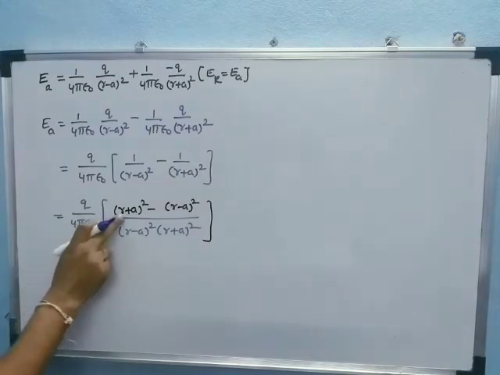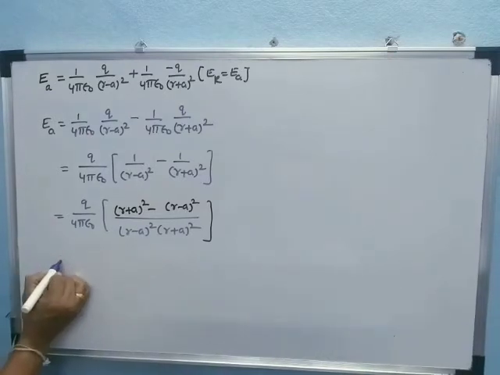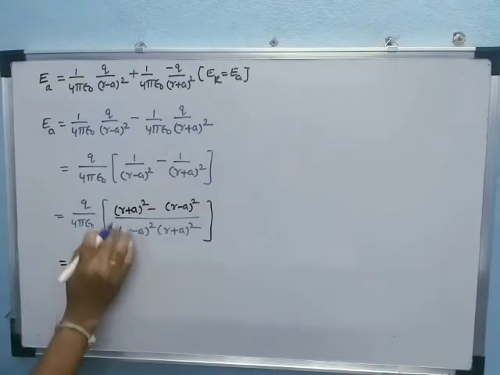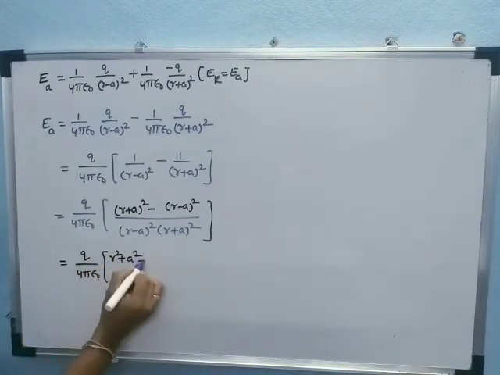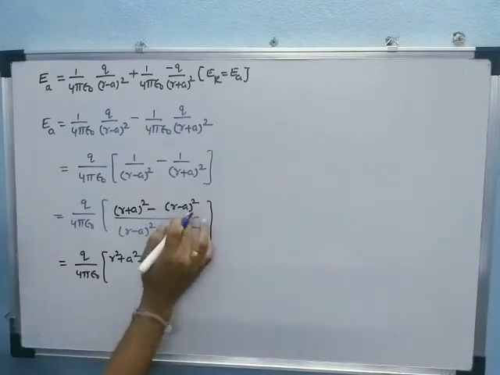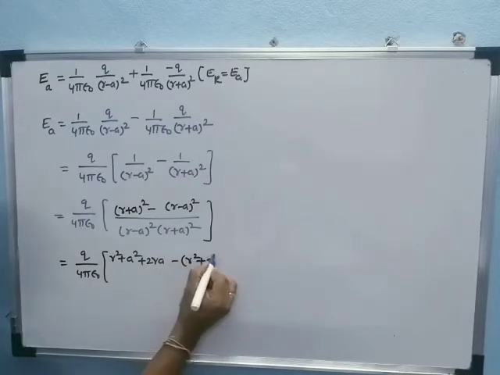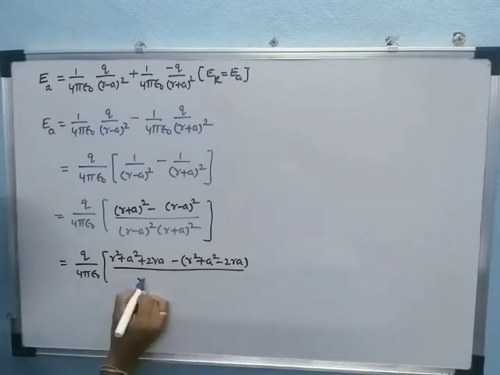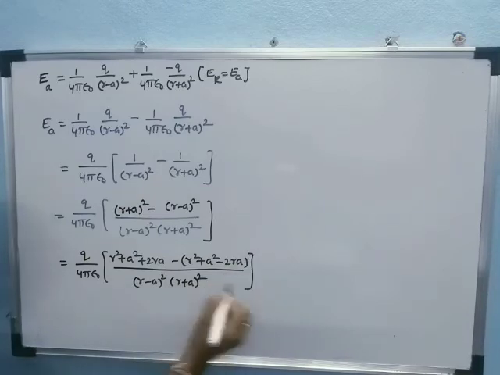It is just like (A plus B) whole square and (A minus B) whole square. Now we can expand it. Q by 4 pi epsilon naught into (A plus B) whole square, that is A square plus B square plus 2AB, and just take the minus of the expansion of (A minus B) whole square, A square plus B square minus 2AB, the whole divided by (R minus A) whole square into (R plus A) whole square.